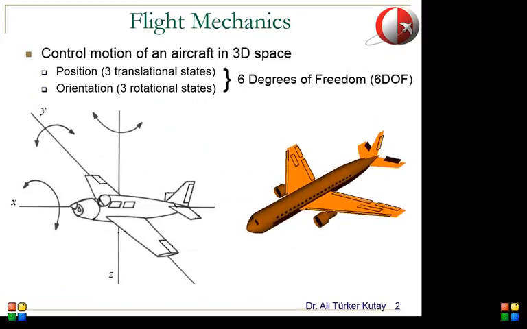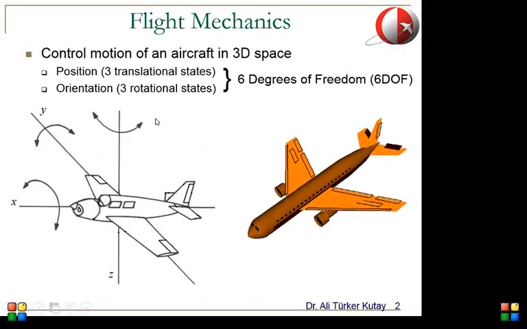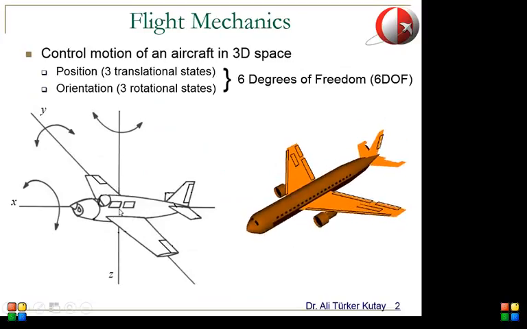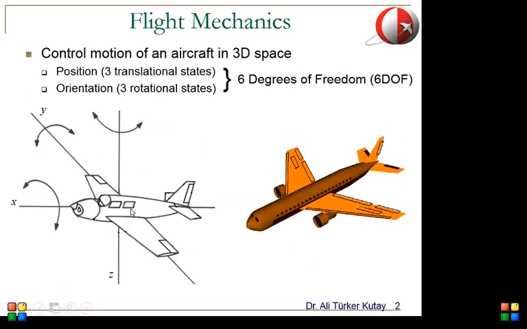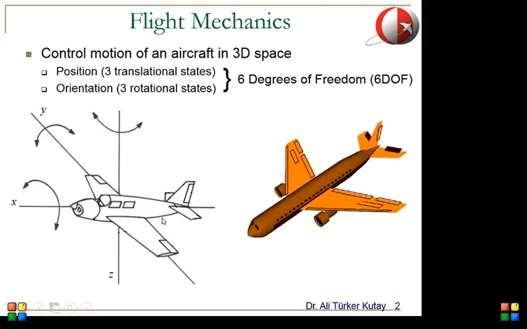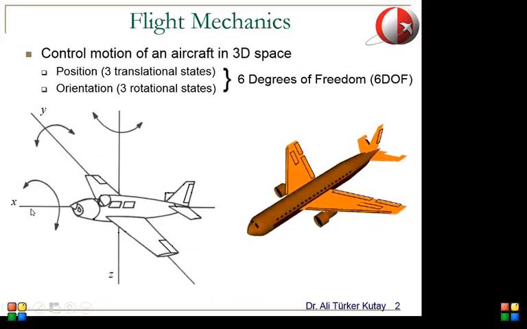Remember, I said for a conventional aircraft, the dynamic lift concept is used, and I will be talking more about how this dynamic lift is created. But basically, for that to work, the aircraft needs to have a forward velocity at all times, such that necessary aerodynamic forces are created that can carry the weight of the aircraft. So it needs to be moving in the x direction at all times.